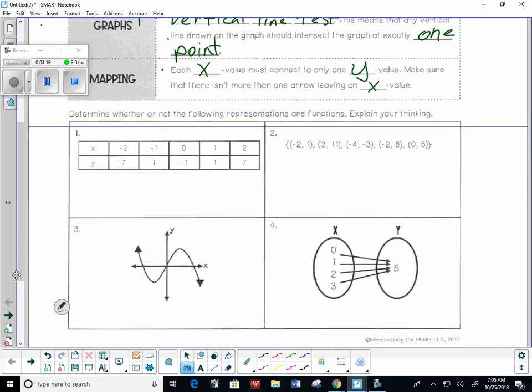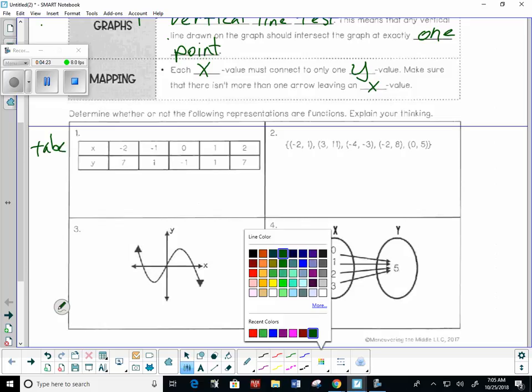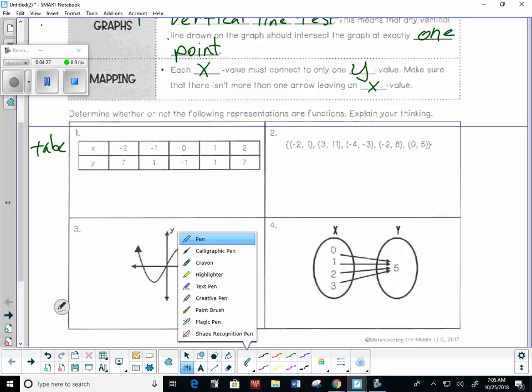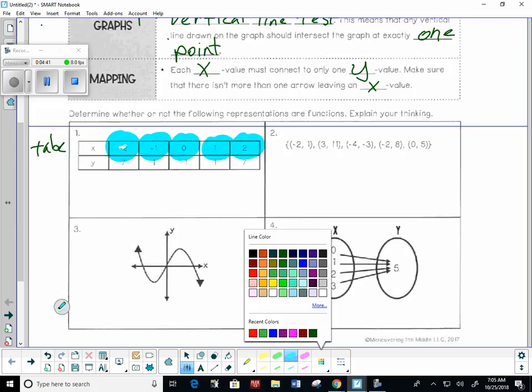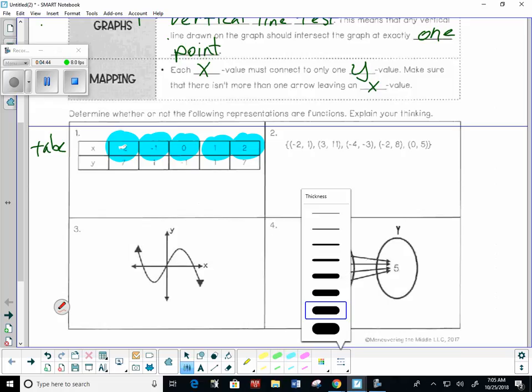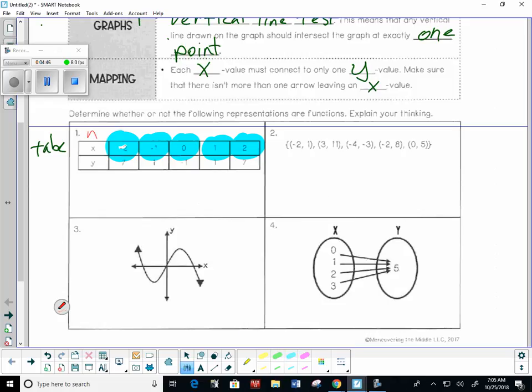Okay, so this is a table. In our table, students, basically what you're going to do is look at every x value: negative 2, negative 1, 0, 1, 2. Guys, we had no repeats. We had no x repeats.